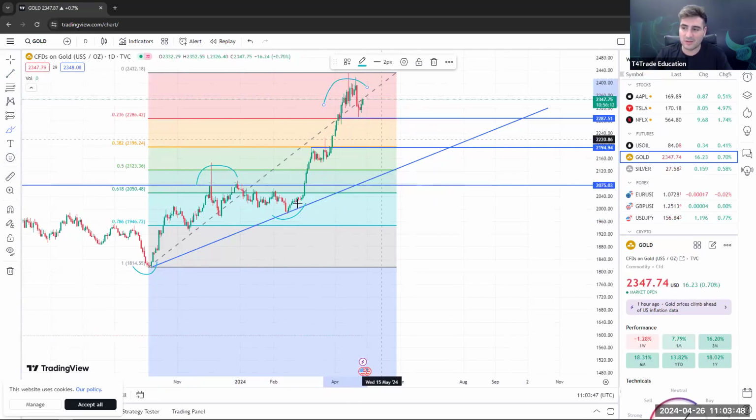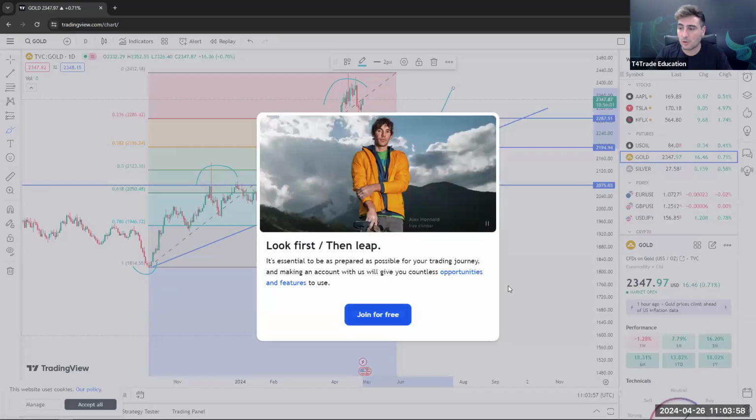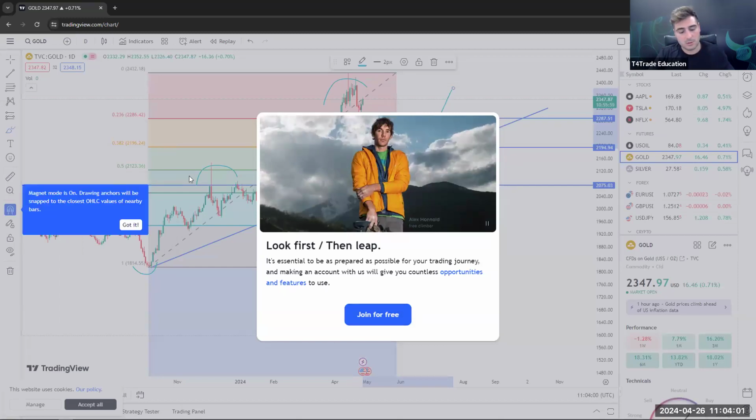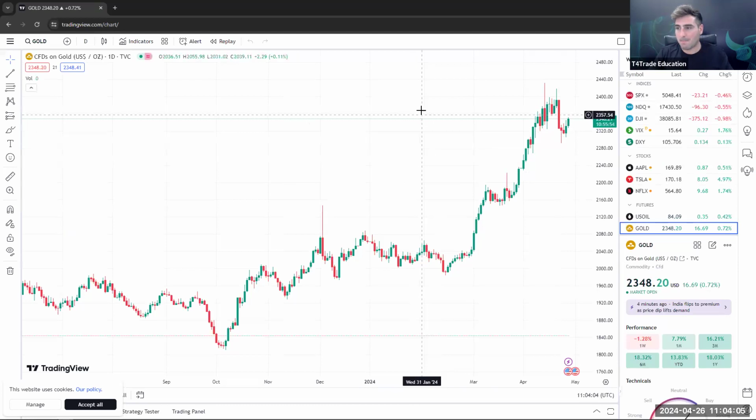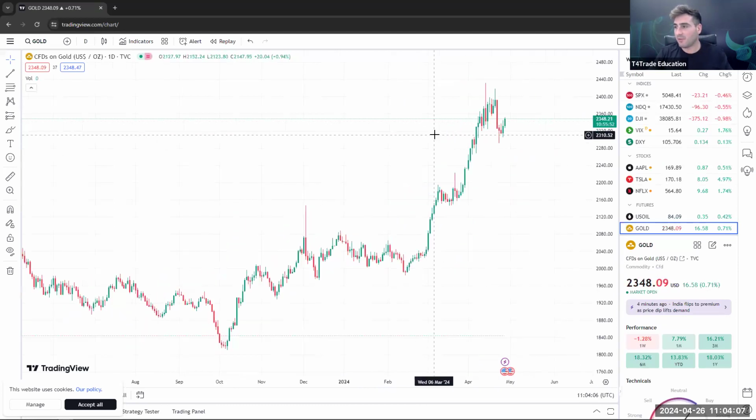So obviously the market moves to higher ground. We will see now whether price action is going to come back down towards here, or the retracement. Lovely.